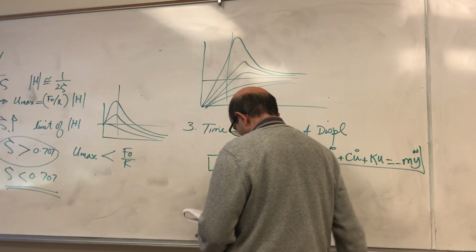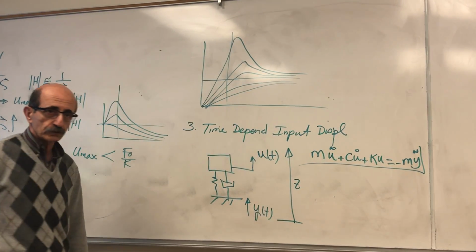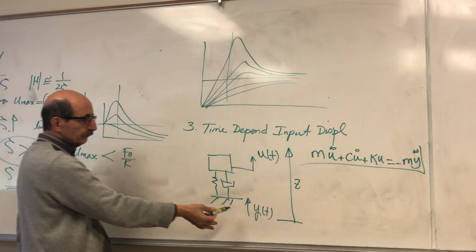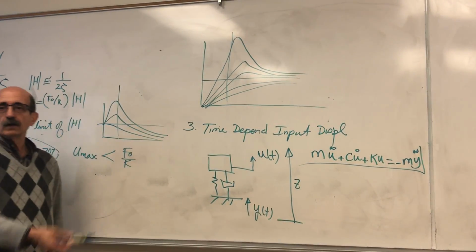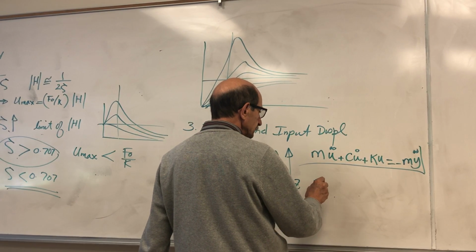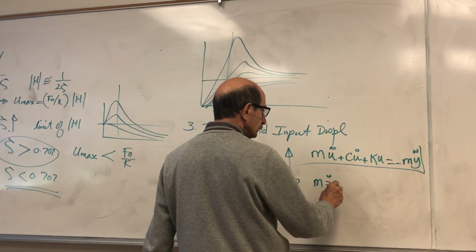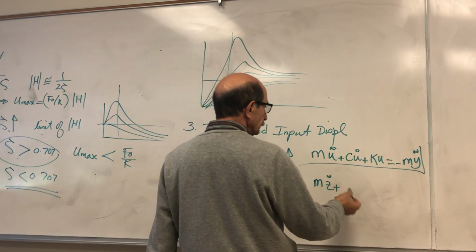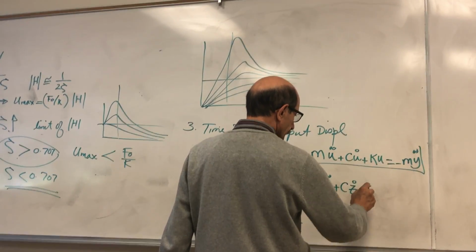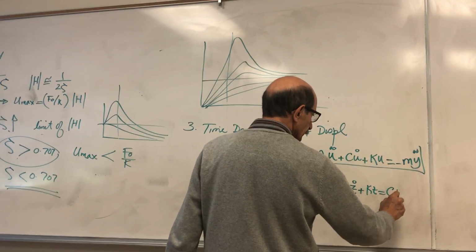So this is one form of writing the equation of motion. If the input is given in the form of acceleration data, that's the form you use. Or if you're interested in the absolute value of the displacement, this is what you have.